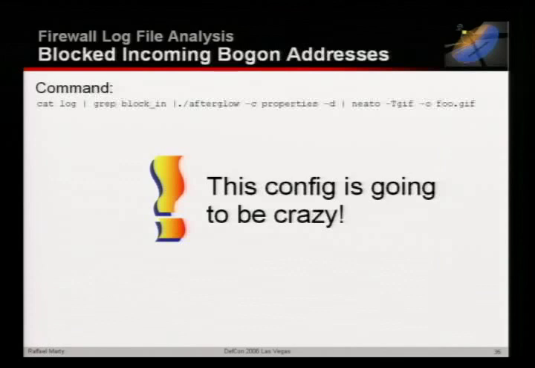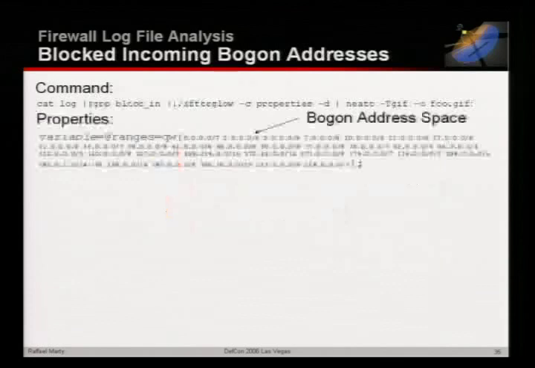And I warn you right now, this config is going to be crazy. If you thought that it was complicated before, it's going to hit you. So what you do in the configuration file, first I need to let Afterglow know what the bogon address space is. There is a command called variable, and then you just provide any Perl expression you want, any Perl command, and we'll just evaluate it.